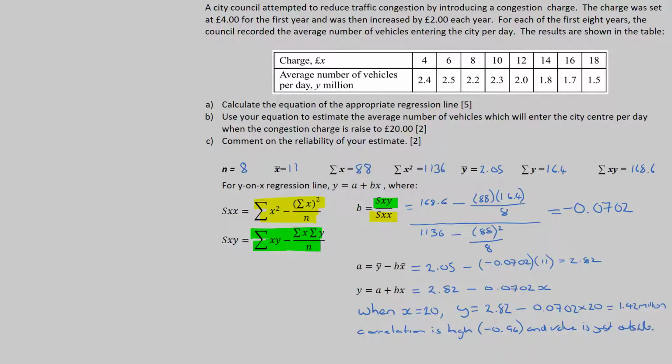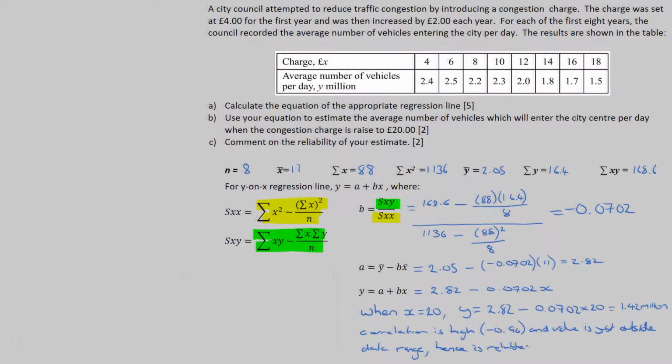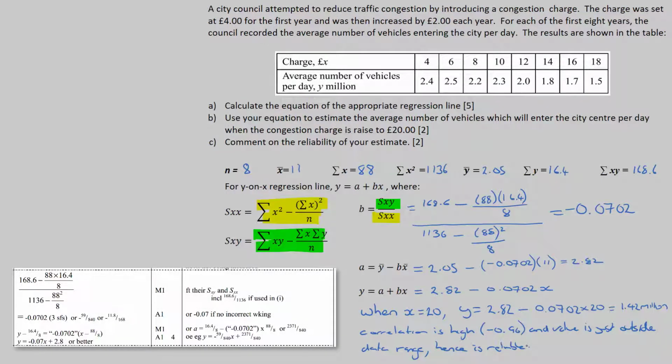But because correlation is so high, and because it is only just outside the range, the correct conclusion would be that it is reliable. So I'm going to write correlation is high, minus 0.96, and is just outside the given data, so the estimate is reliable.